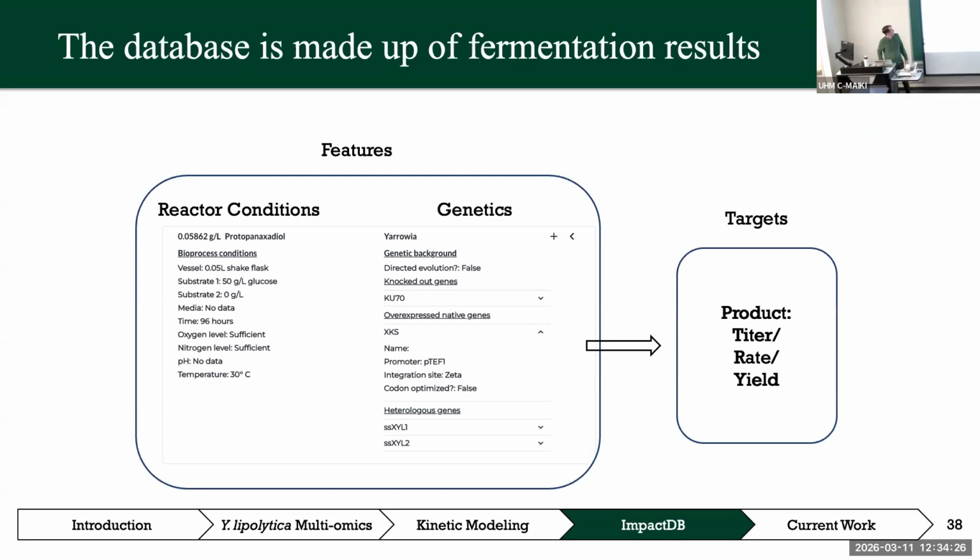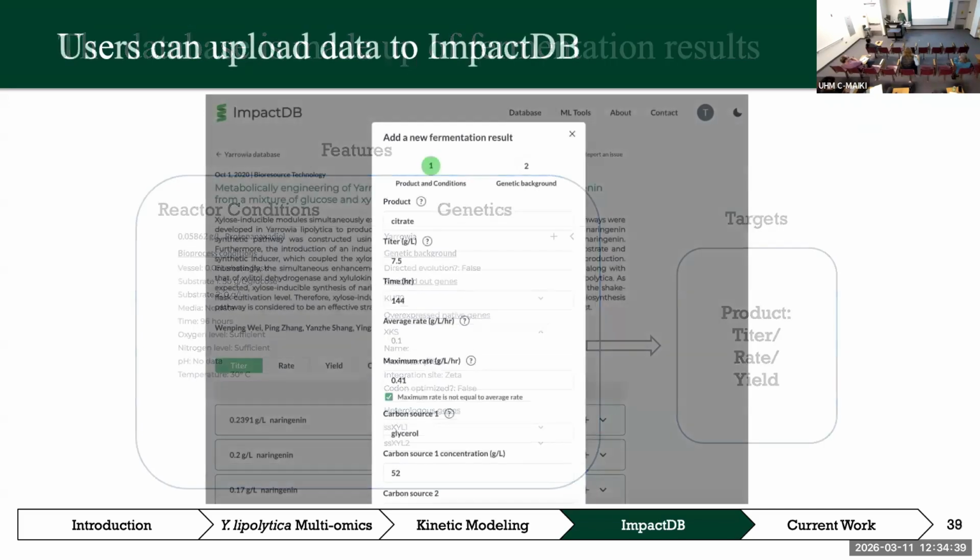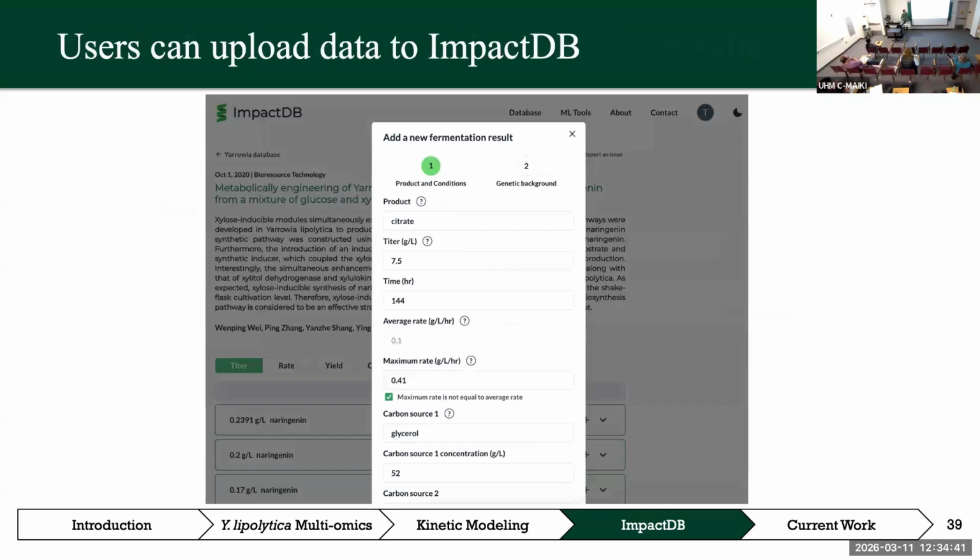And it's sort of set up as a machine learning problem where the features are the conditions and genetics, and those can be used to predict the final outcome of the fermentation. So it's crowdsourced. There's a form that users can upload data. And this is another form where users can upload papers.